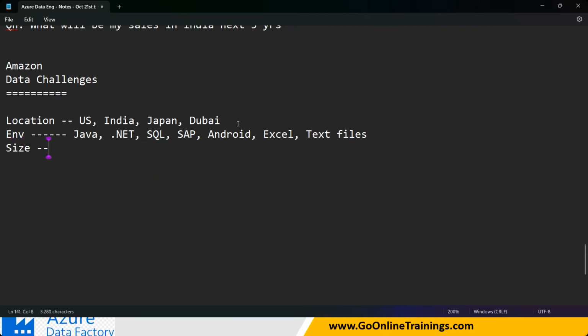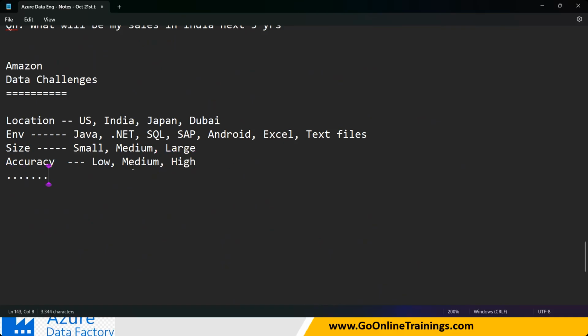Sometimes they may have small size data, medium size data, or big data, a large amount of data. How accurate will the data be? Accuracy means how clean the data is. It may be low accuracy, medium accuracy, or high accuracy, very clean data.